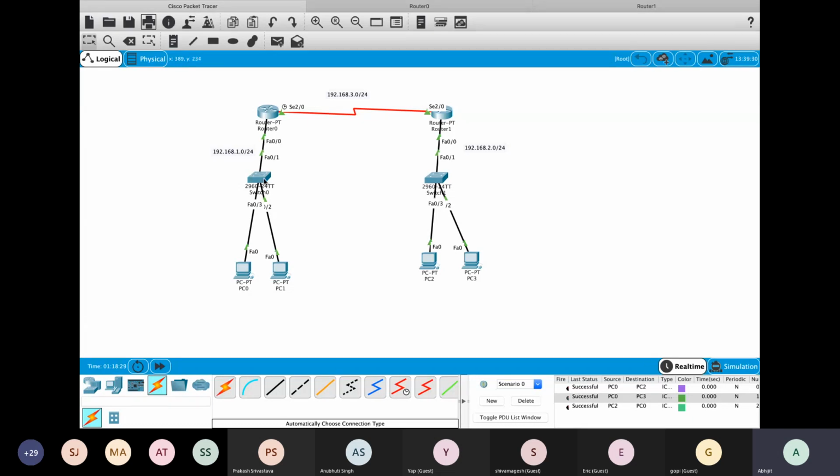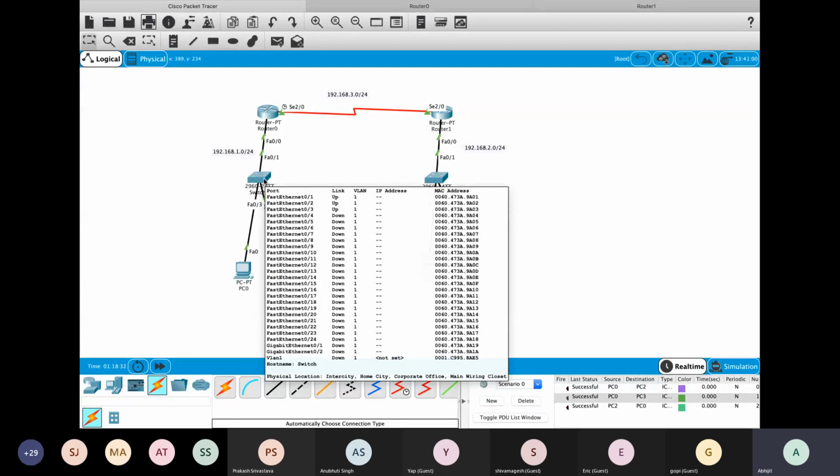All right, there you go. I hope you can see my screen now. Is there any issue that we are facing?